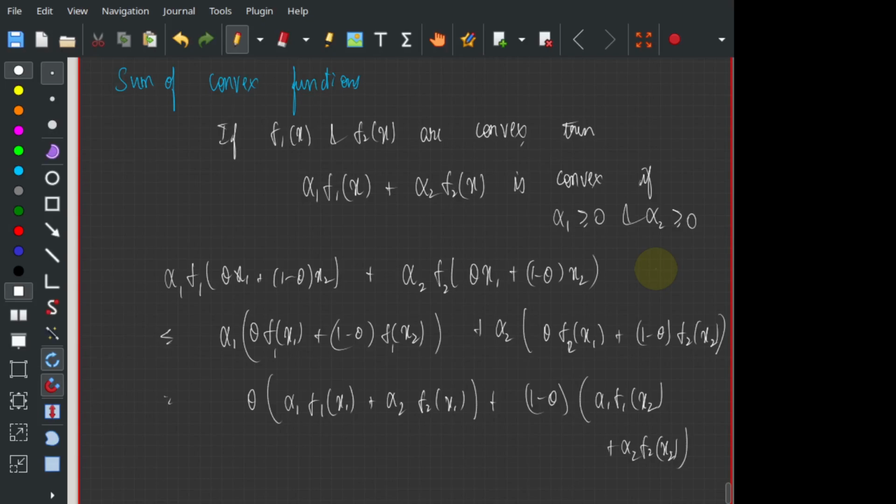Now, it could be the case that for some alpha 1 and alpha 2, where one of them is negative, this could still be a convex function. But if you want a more general statement, if you want it to hold for all f1 and f2, then alpha 1 and alpha 2 being non-negative suffices.